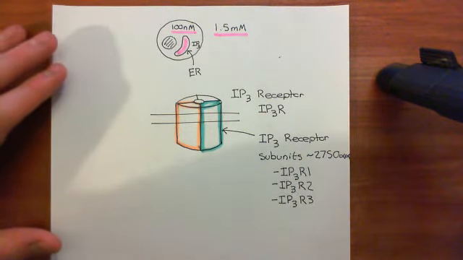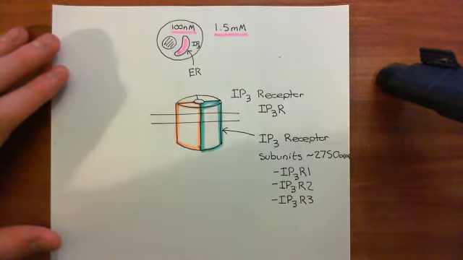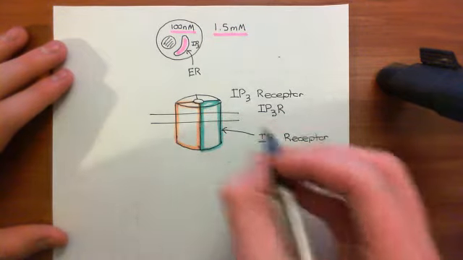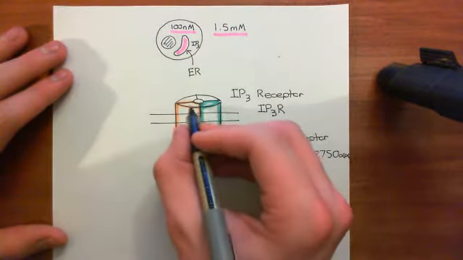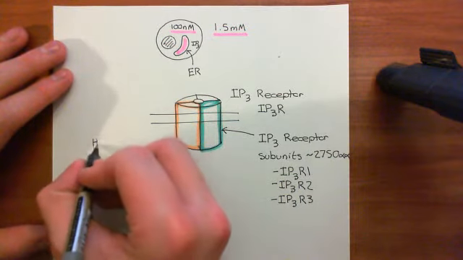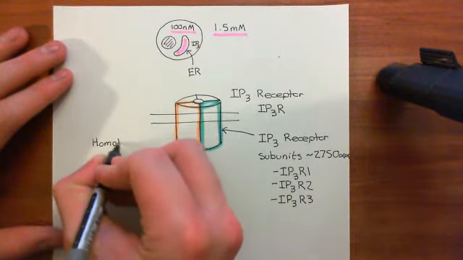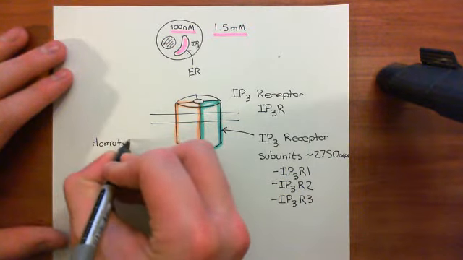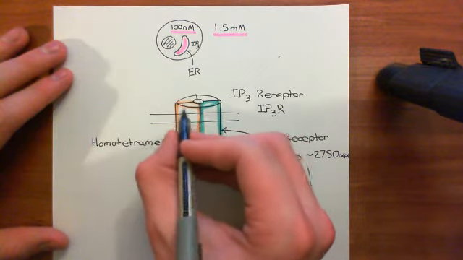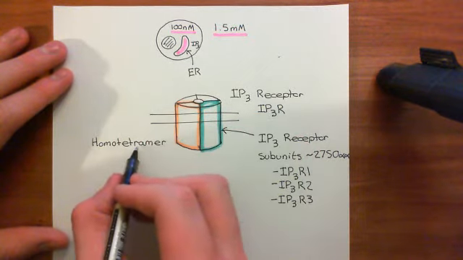The final thing to say is, how do you assemble 4 of these subunits together? Well, you can either join 4 subunits which are all of the same type together to make what's known as a homotetramer. Homo means the same, tetramer means 4-membered structure. So this means that the 4 members that you're using to make the full IP3 receptor are the same.